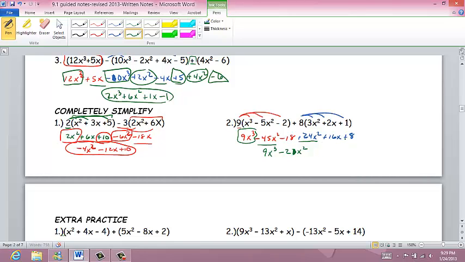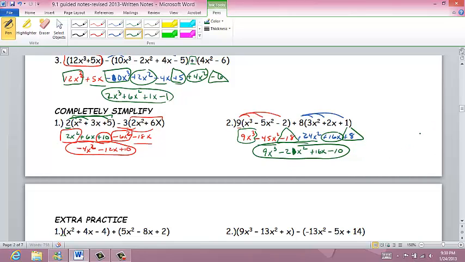Then you have your 16x. Nothing can be combined with that, so I just rewrite it. And then -18 plus 8 is going to give me -10. So I distributed, combined like terms, and made sure I wrote it in standard form.